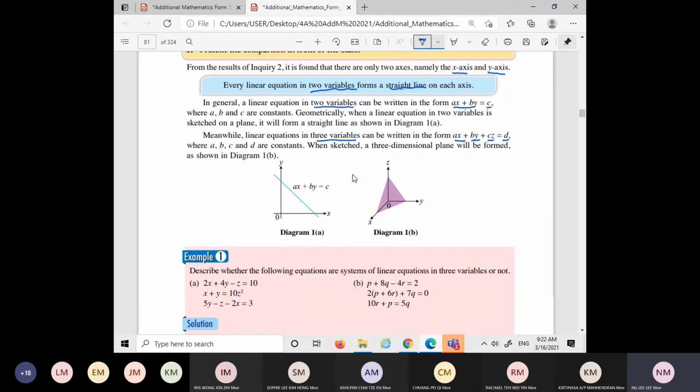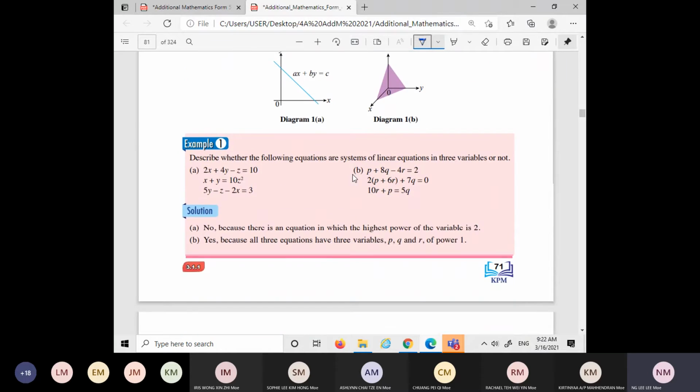Okay, next. This example is quite easy. Describe whether the following equations are a system of linear equations in three variables or not. One more keyword: linear. We have to make sure this is linear also. For A, the answer is no, because there is an equation in which the highest power of the variable is 2.